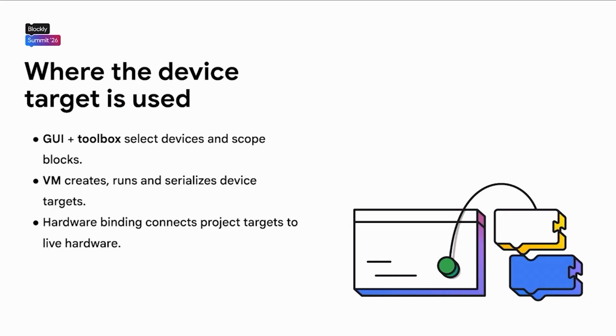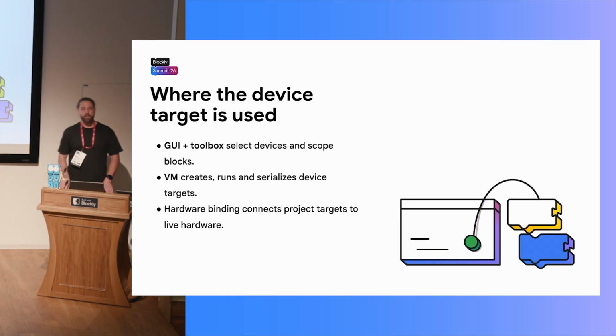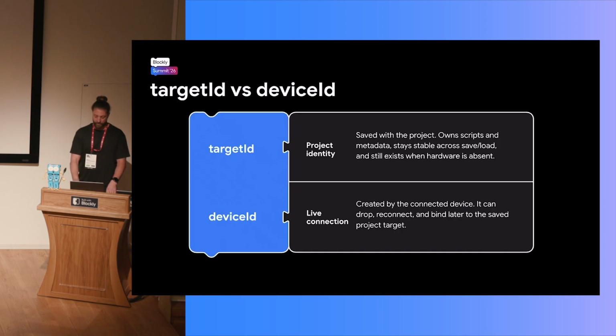And the hardware layer is responsible for binding the physical target to the logical device, basically to a physical device when one is connected. That's why the change could not live in only one place, because if only the extension knows about the device, then the UI and saved program do not have a stable owner for the scripts.